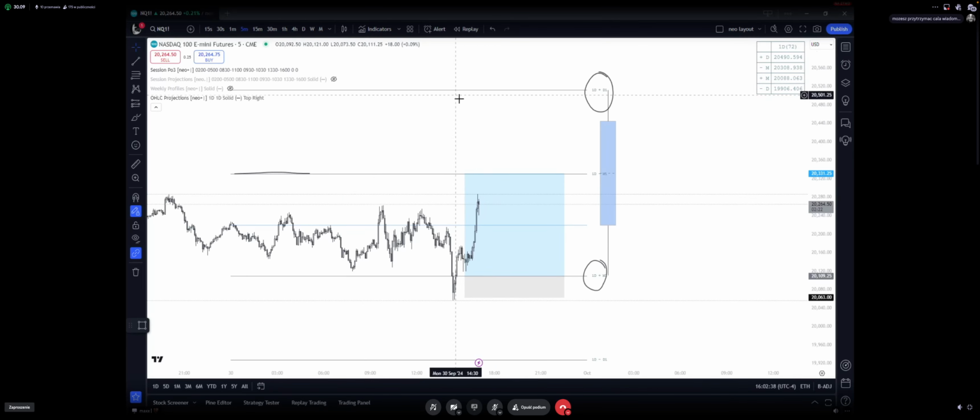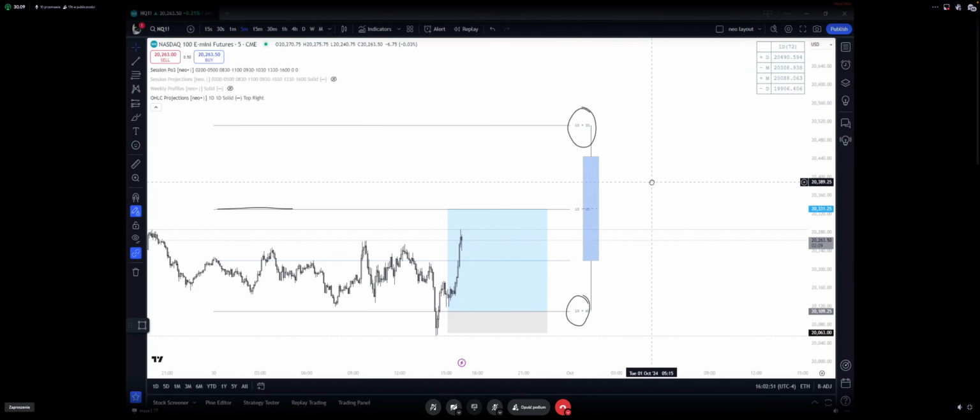Or you can use it to take profits there because it's probably going to reverse here. You have the open low and then the high, and the close is going to be below it. So price might not return to that level anymore.